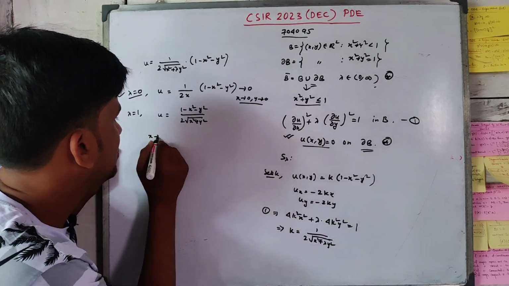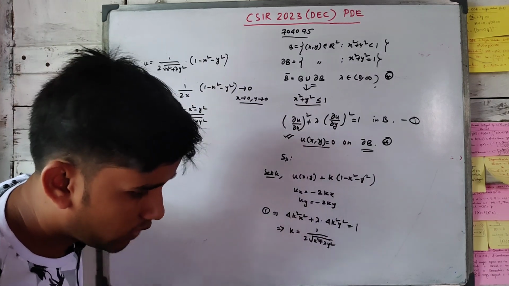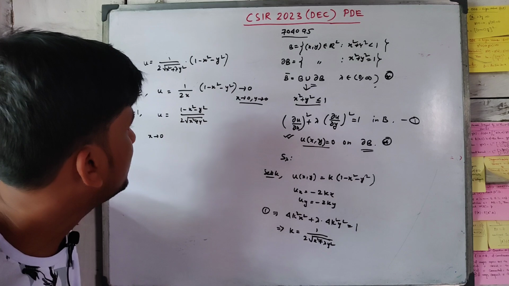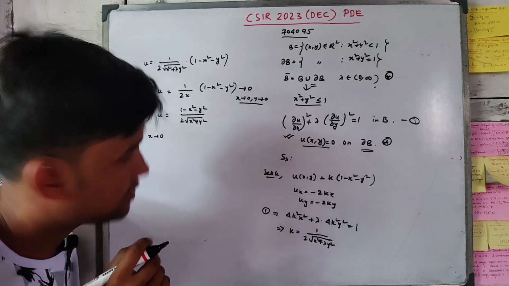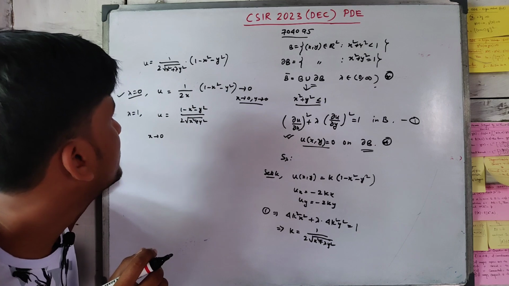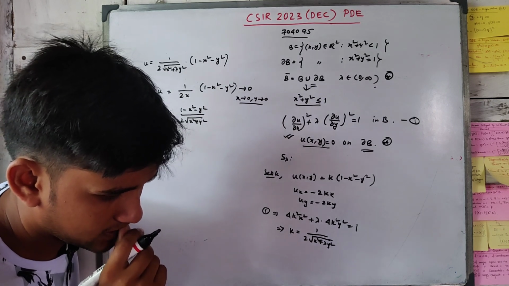Now if x tends to 0 and y tends to 0, then this tends to 1 minus x square minus y square. I think I am writing the correct one.